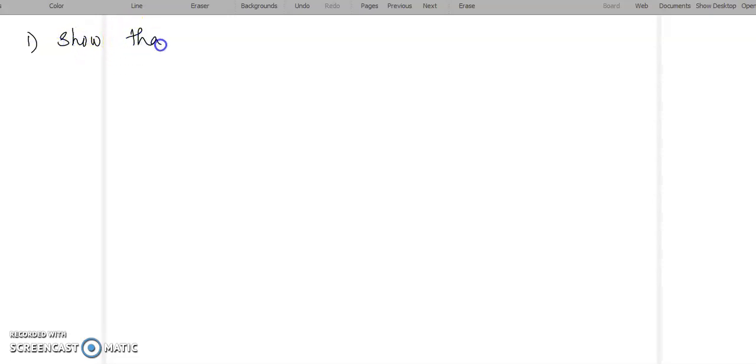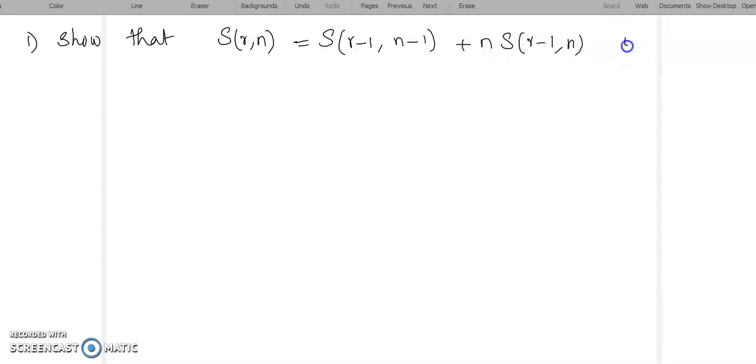Show that S(r, n) is equal to S(r-1, n-1) plus n S(r-1, n), where r and n belong to the set of natural numbers with r greater than or equal to n.